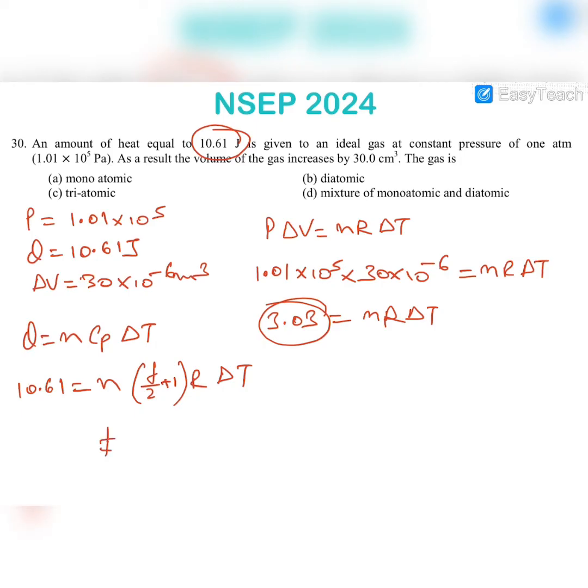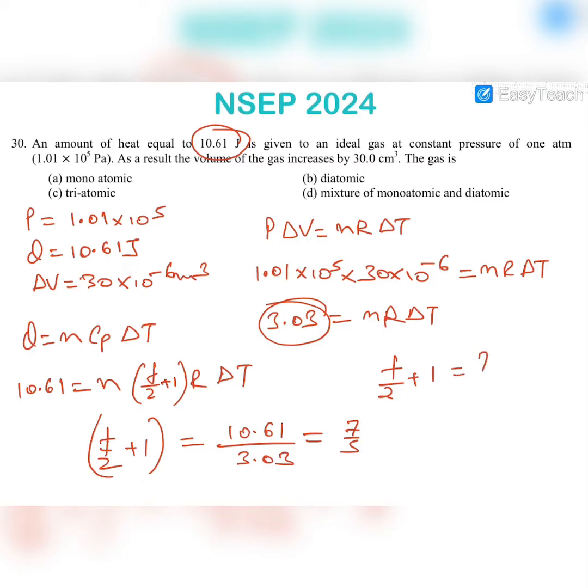So f by 2 plus 1 is equal to 10.61 upon 3.03, which is approximately 7 by 2. So f by 2 plus 1 is equal to 7 by 2, and f by 2 is equal to 5 by 2. So f is equal to 5, and hence we can say that the gas is a diatomic gas.